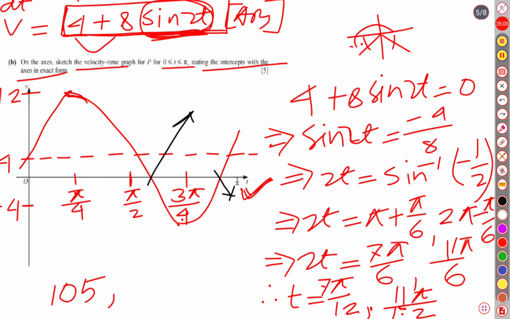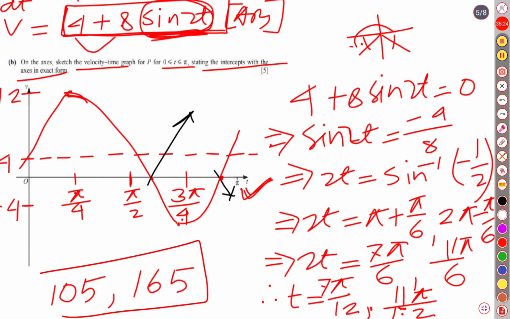Another one is 165 degrees. Look at this point. The first one is 105, and this one is going to be 105. So here we will write 105 for your convenience. Actually I am writing it in degrees.